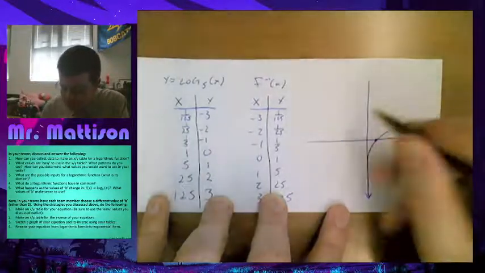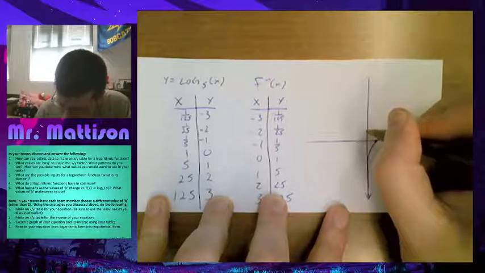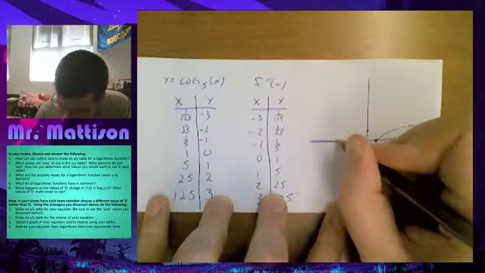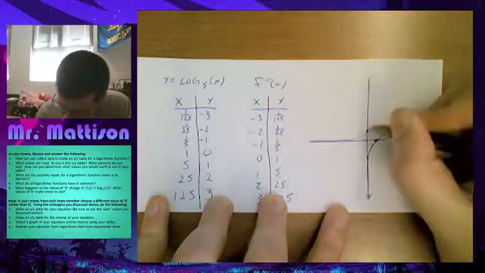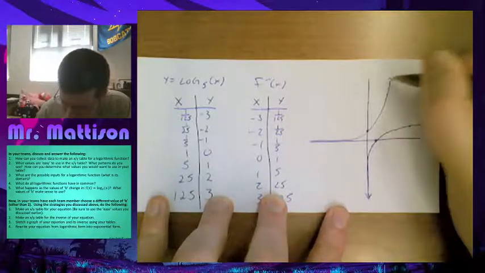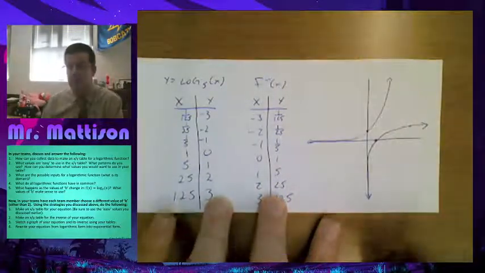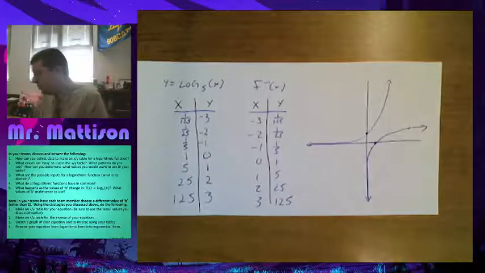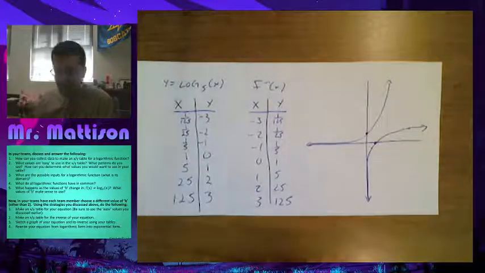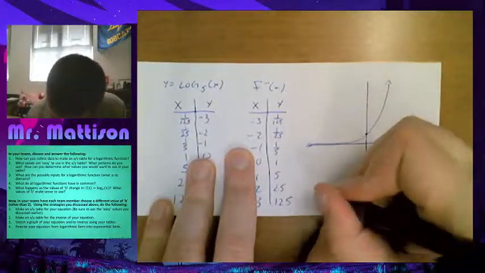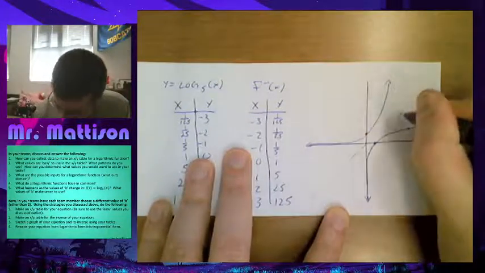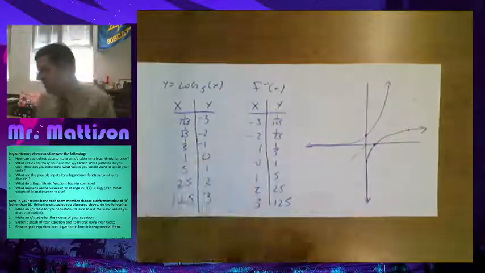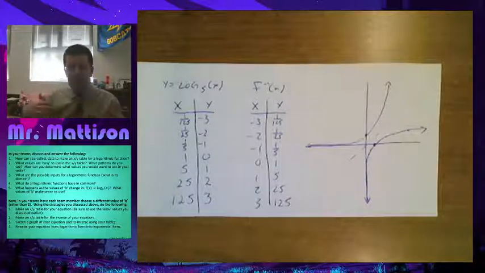Now the inverse will cross at (0, 1), and it follows this asymptote, and then it curves up and goes up really, really fast. So you get that kind of a shape out of it. And what you should notice, like you've done in the past, this is a reflection over the line y equals x. So it's reflected over that line there, which again makes sense because they are inverses.